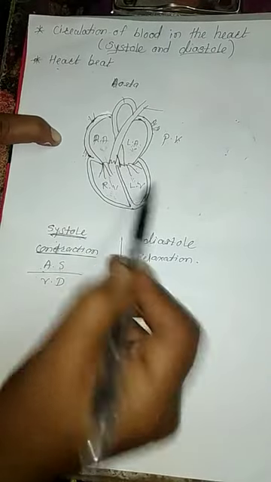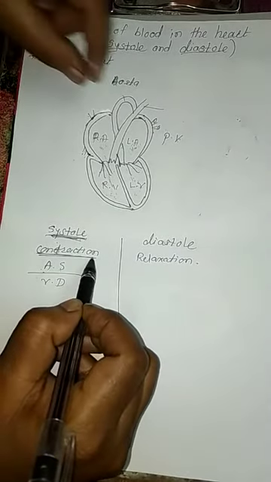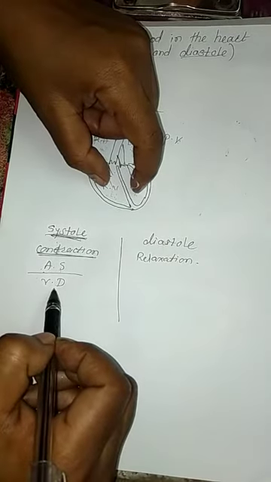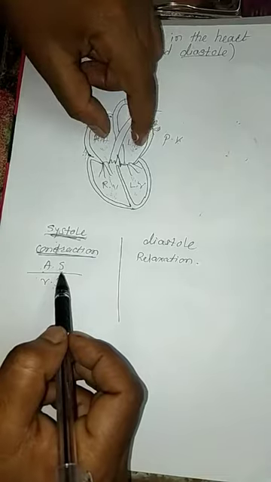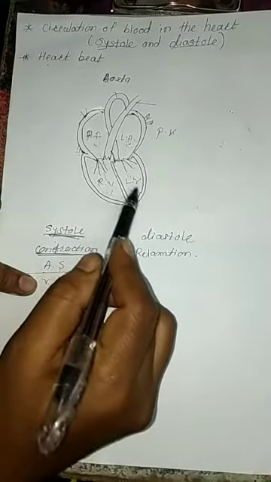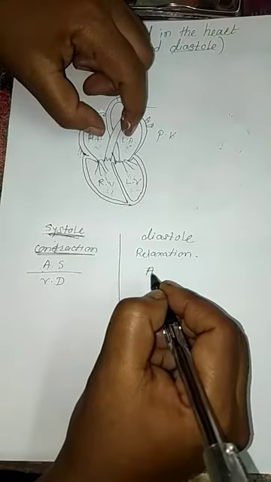Got it, student? Systole means contraction. When the two auricles contract, simultaneously the two ventricles are relaxed, meaning when the two auricles are in the systolic phase, simultaneously the two ventricles are in the diastolic phase.